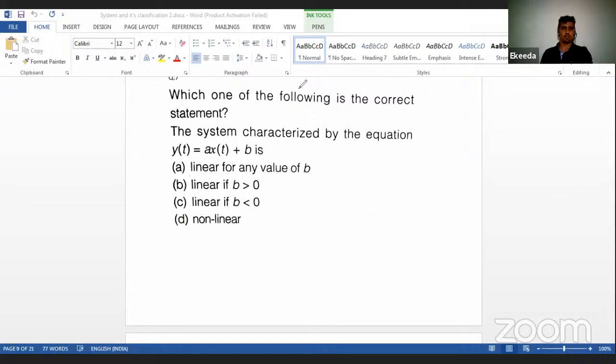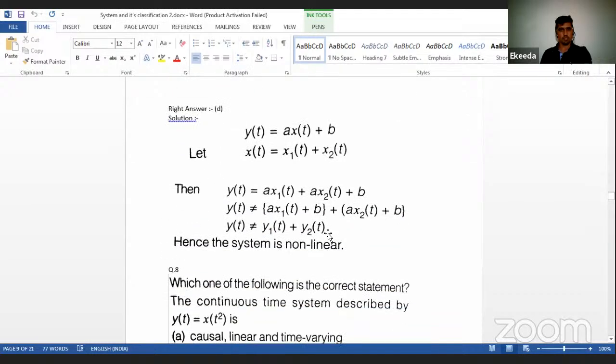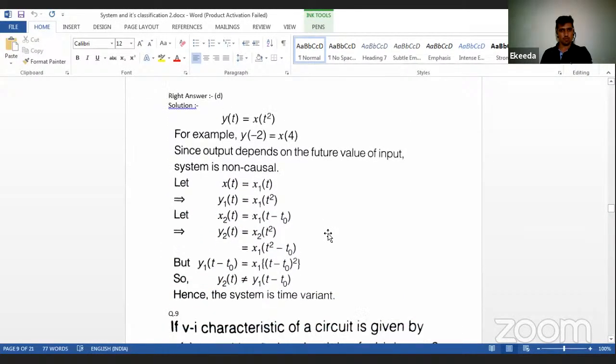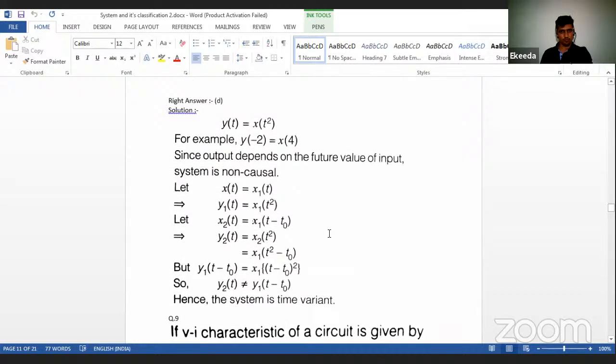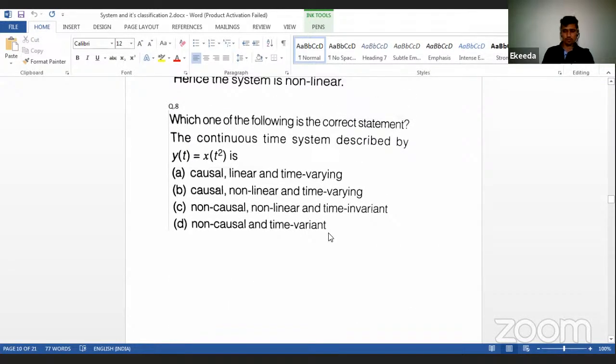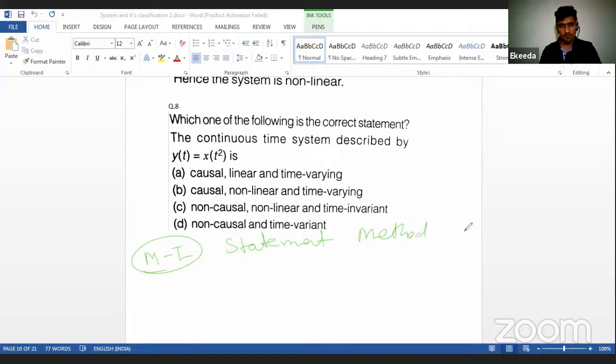Now coming to the next. This we will do using 2 methods. Method 1 is the statement method, or you can say theoretical method, or theoretical definition.